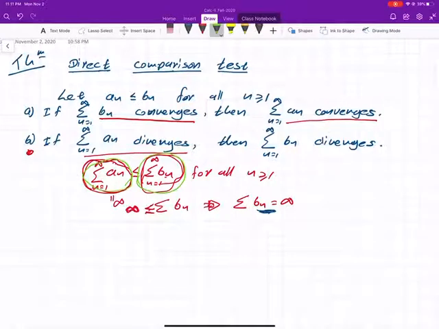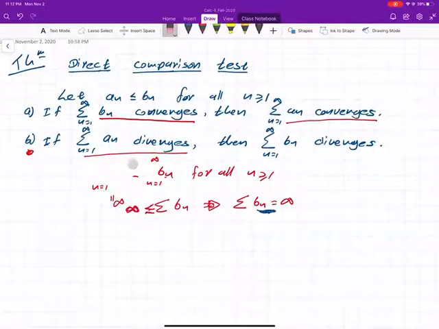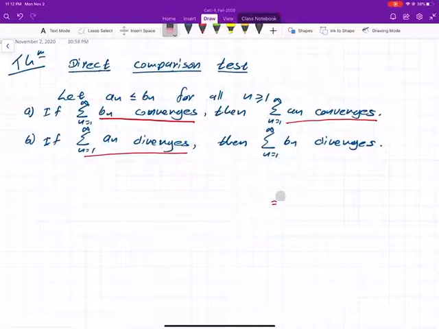So that is the direct comparison test, which is a very easy thing to understand. Okay, so let me discuss some other materials since you understood the theorem. So in examples you were given only one series, so you have to create the second series by your own.